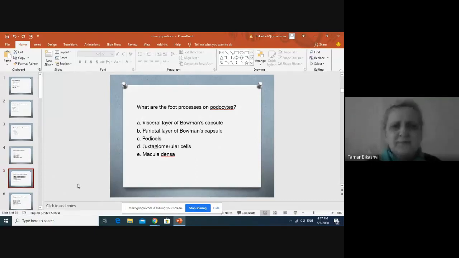Next, what are the foot processes on podocytes? Visceral layer of Bowman's capsule, parietal layer of Bowman's capsule, pedicels, juxtaglomerular cells, or macula densa.